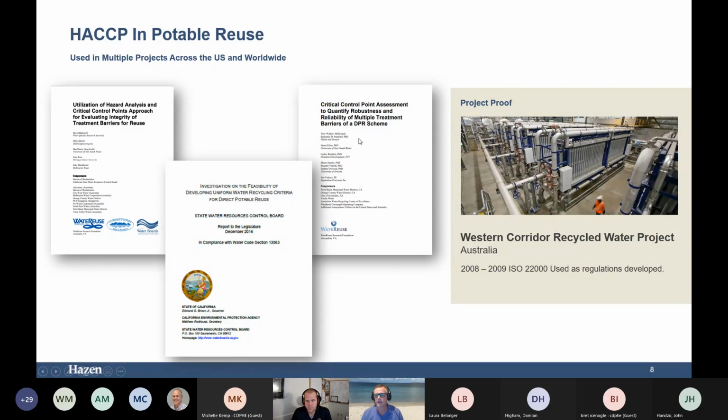It was then developed into a project that looked very closely at the robustness and the reliability of multiple barriers for direct potable reuse using critical control points.